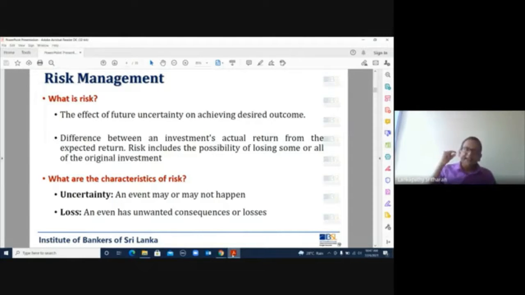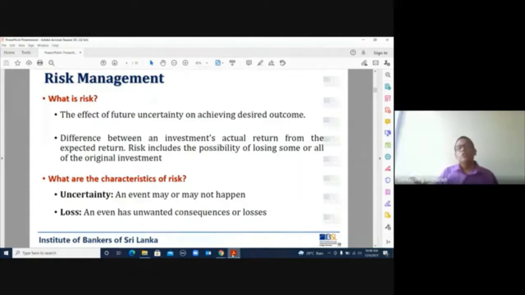In the term risk, two things are important. The first one is uncertainty: an event may or may not happen. In our equity investments, the second and third options, or even the first, may or may not happen.